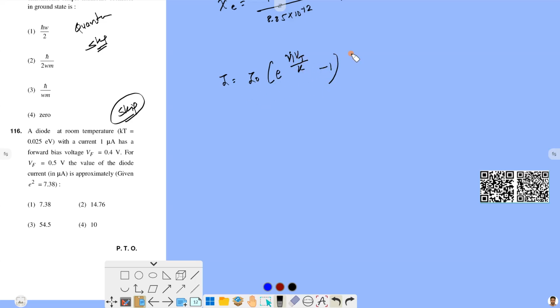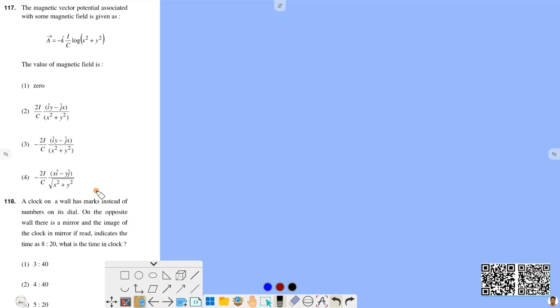It is something like this, and that can be easily solved if you know the diode equation properly. So we are going to skip it. Now in the next one, the magnetic vector potential associated with some magnetic field. Again, this is related to PSC MSC, so again we are going to skip it.